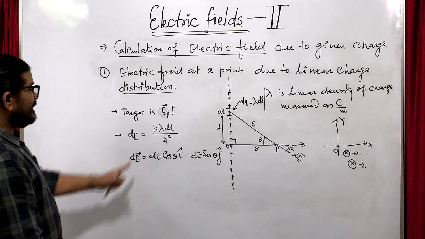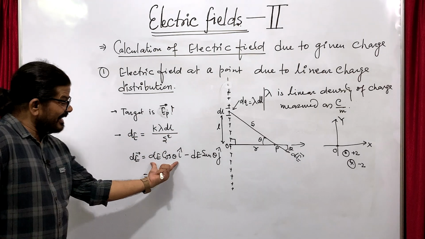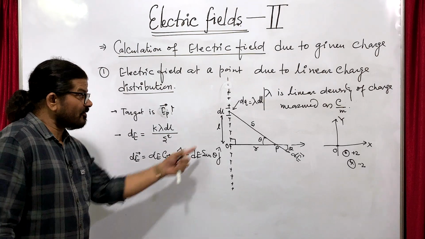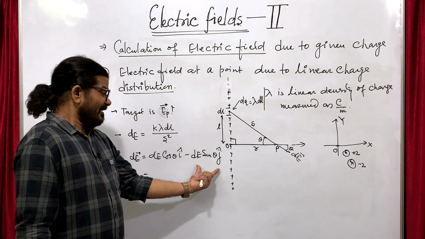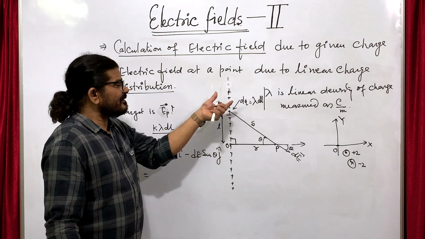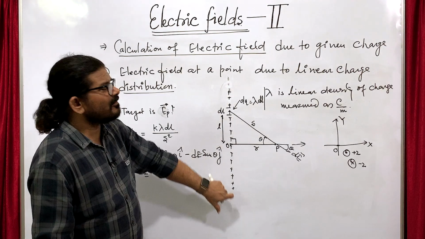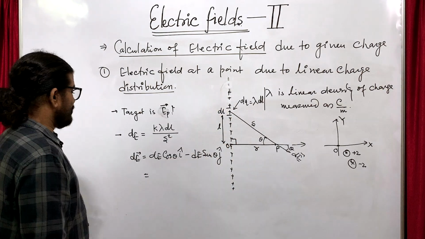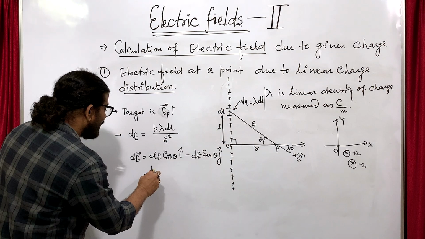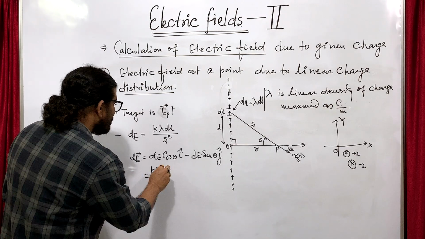Now dE you have written this. So now we can integrate the i component from all the elements and also integrate the j component, due to the contribution from every element. So now in dE, k lambda is common.